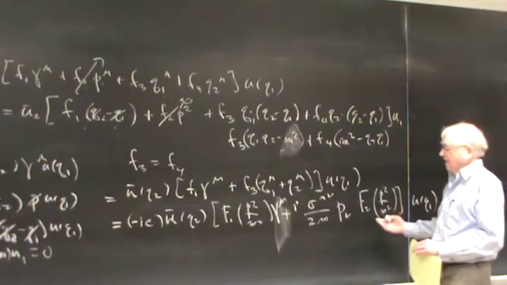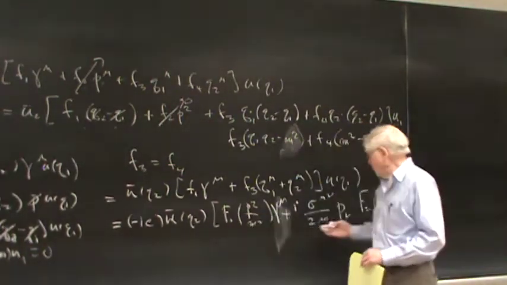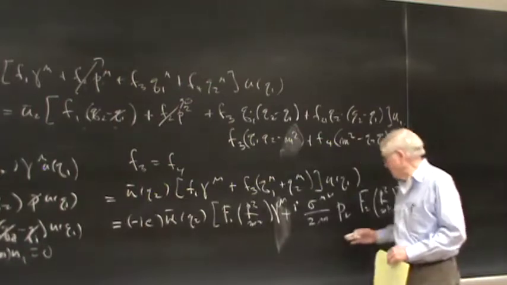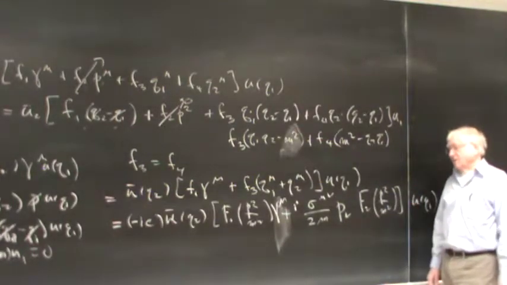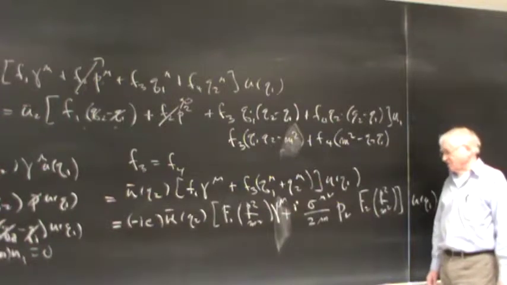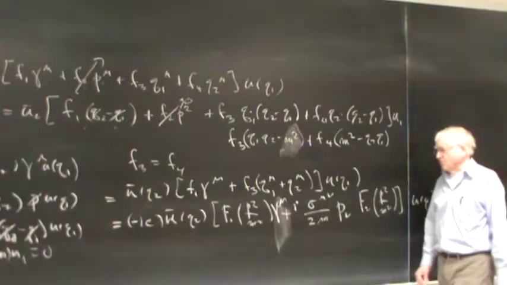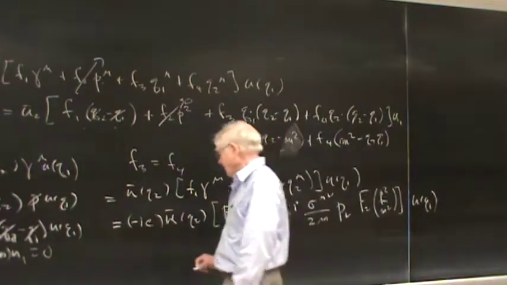And then in general there'll be some coefficients, and the coefficients are F1 and F2. I've written them as dimensionless quantities, functions of dimensionless arguments. And these things are called form factors.